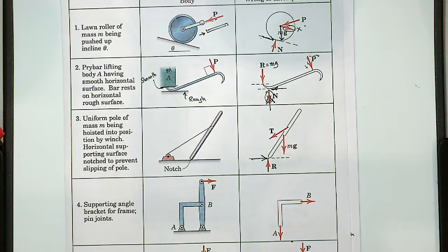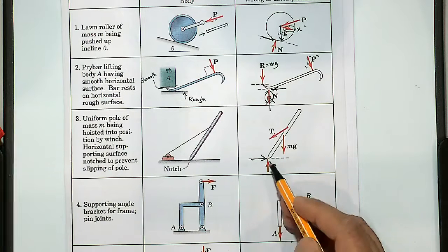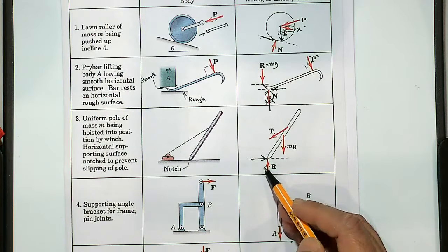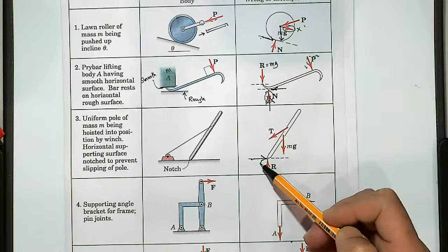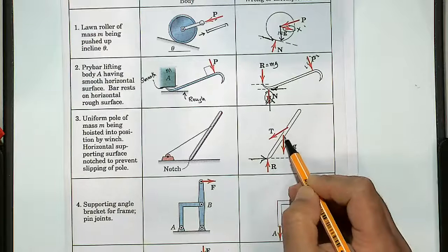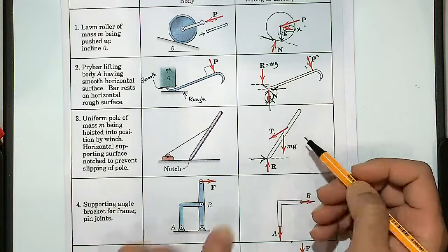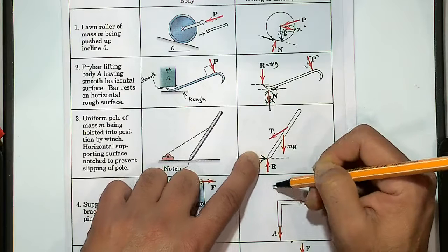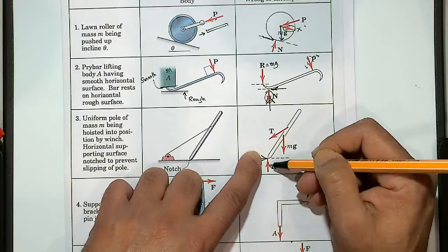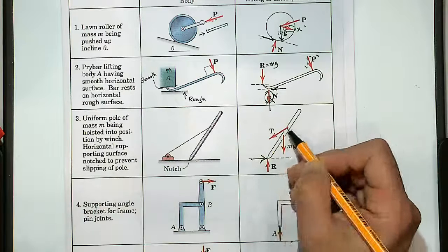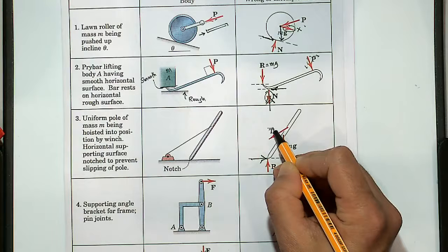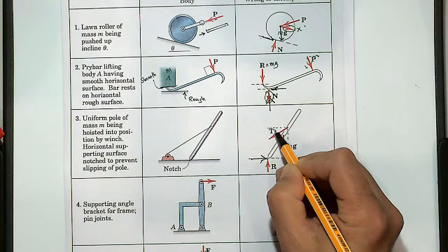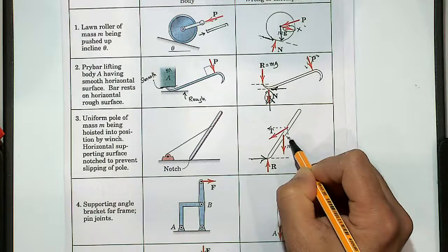Okay? You have understood up to here? So if you consider this m, there are two forces shown here. That mg acting downward can be balanced by this vertical reaction force. And this tension in the cable, you can think of as made up of two components, one horizontal and one vertical.